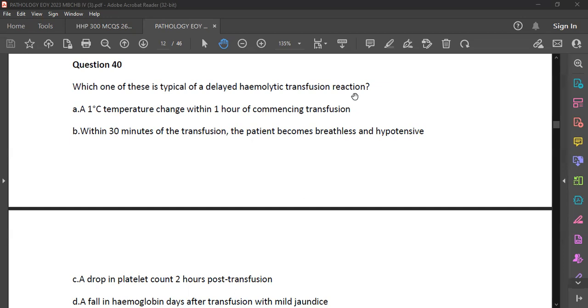But then we talked about and said that delayed type takes between 2 to 10 days. And hence, you're going to have the development of symptoms associated with a hemolytic anemia taking place after some days. And we gave the answers: a fall in hemoglobin days after transfusion with mild jaundice.